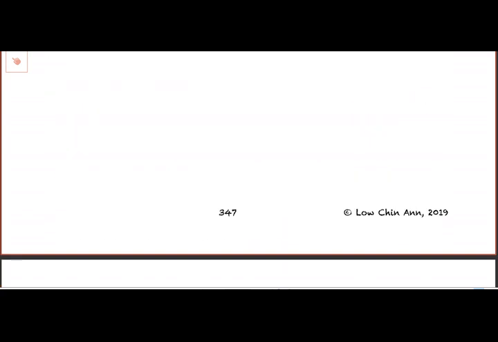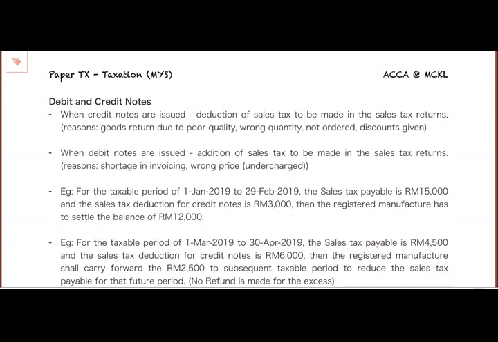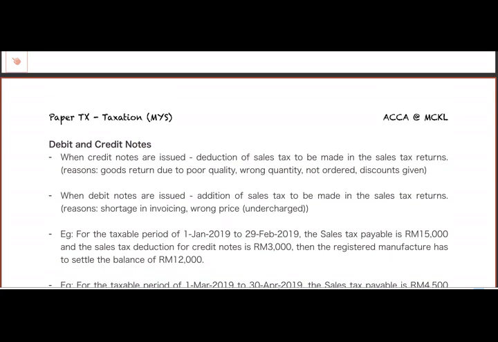Okay? Now, we're going to look at the idea called debit and credit note and refund to let you see what is the sales tax deduction system and the sales tax refund system. Okay? You must know the deduction versus refund.